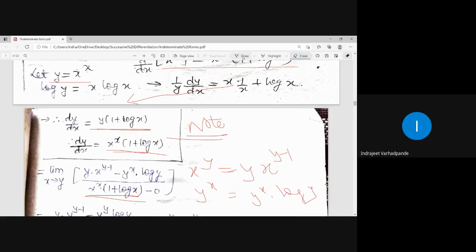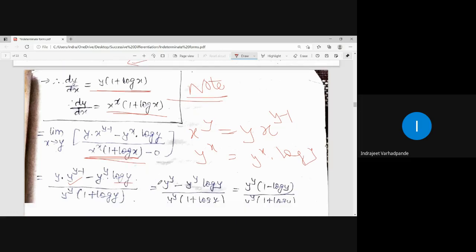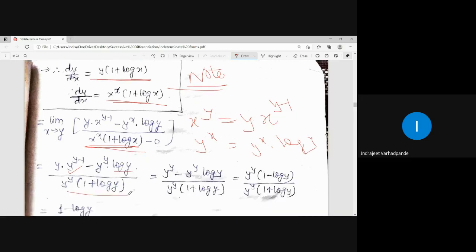Now what can be taken common? You can put the limit now, the denominator is non-zero. Put the limit as x tending to y: y into y to the power y minus 1, minus y to the power y into log y, upon y to the power y into 1 plus log y. Put the limit, the denominator is non-zero, you can go ahead.